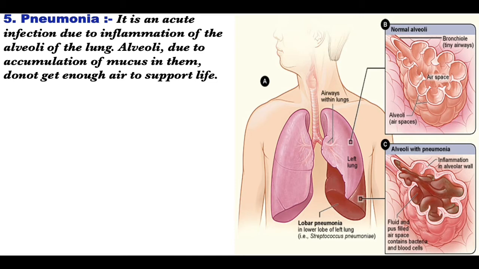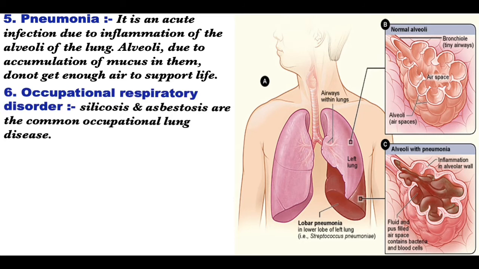A is the normal structure, B is the complete view of the normal alveoli, and after that alveoli with pneumonia in the C portion. It is mainly due to infection by Streptococcus pneumoniae bacteria. In such patients, the uptake of oxygen is adversely affected due to inflamed alveoli which are filled with excess mucus and dead WBCs. It can be cured by the use of antibiotics.